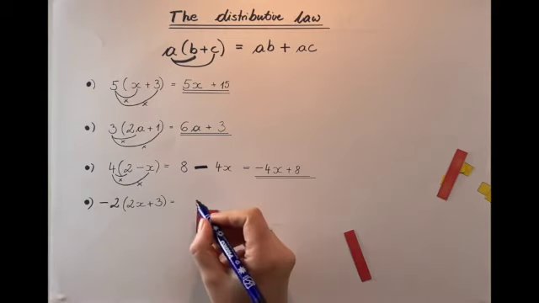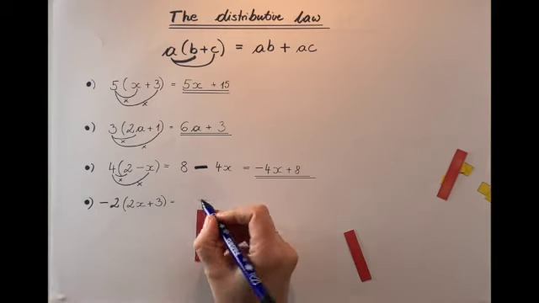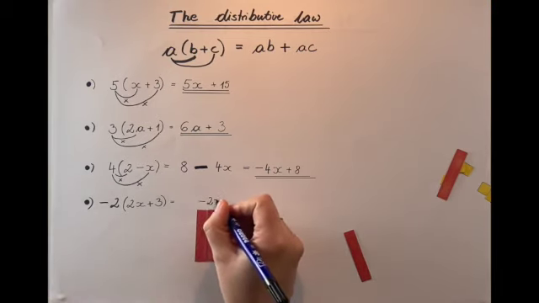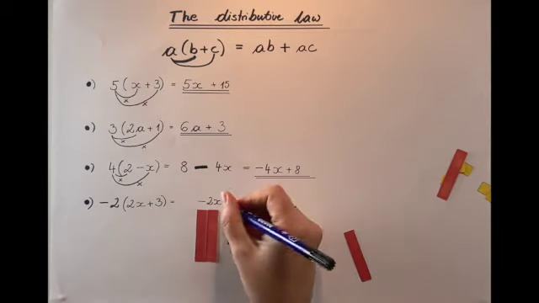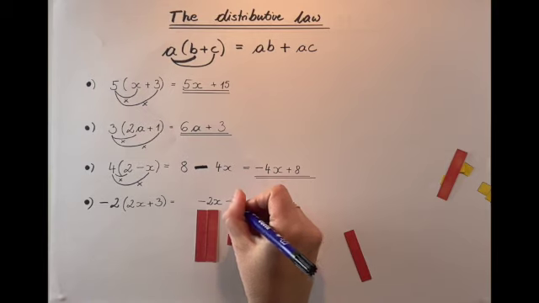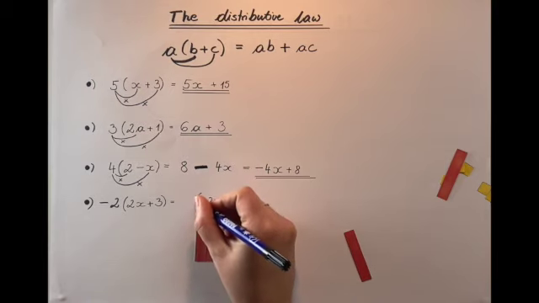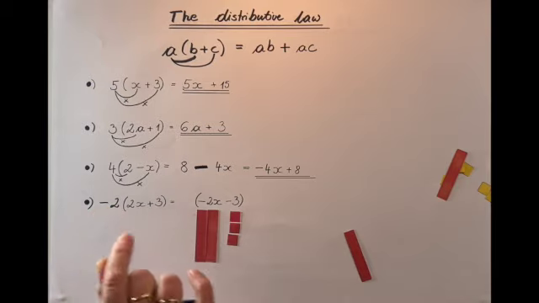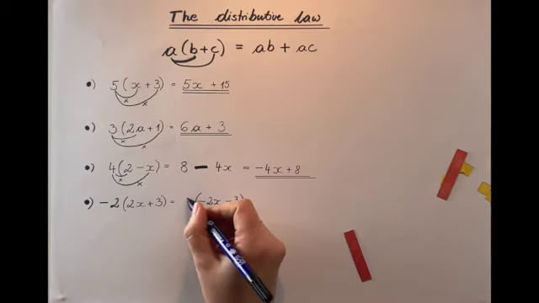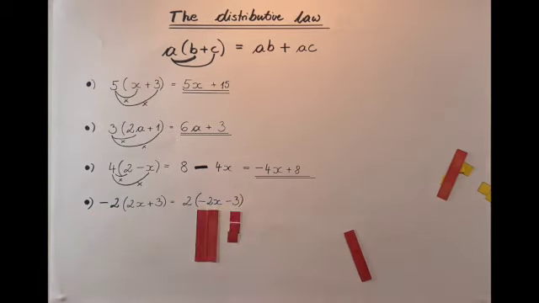We have here, instead of our 2x, a negative 2x. And instead of our 3 here, we have a negative 3. And we don't have that negative in front of our 2 anymore because we applied that to our bracket. So that's the first step.